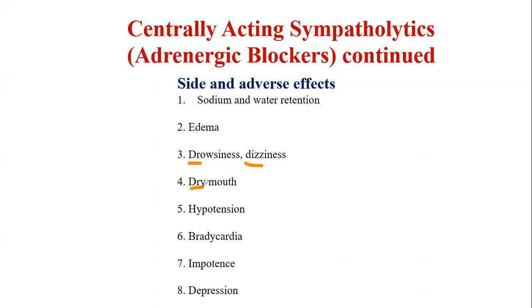And hypotension, like alpha receptor blockers, they also cause hypotension, postural hypotension, or bradycardia. But alpha 1 receptor blockers, doxazosin and prazosin, can cause tachycardia.